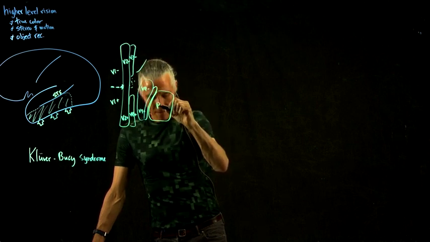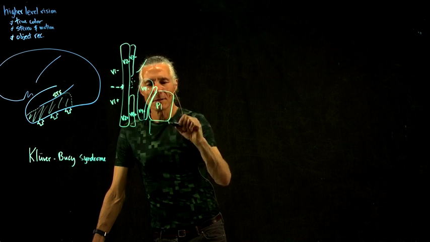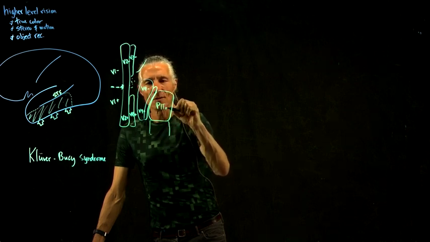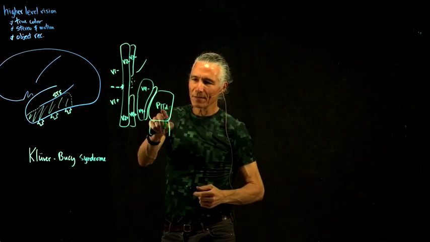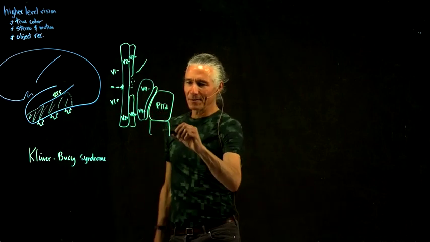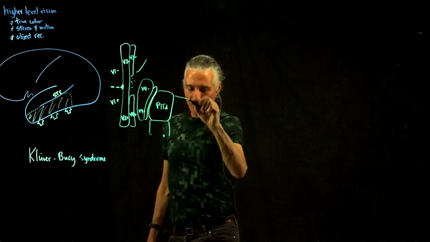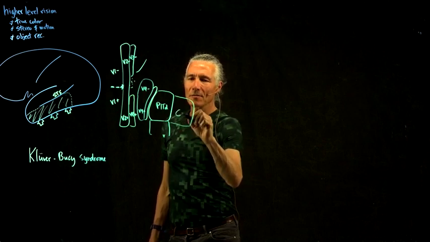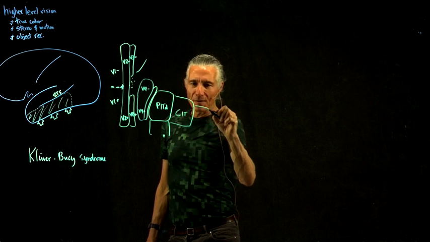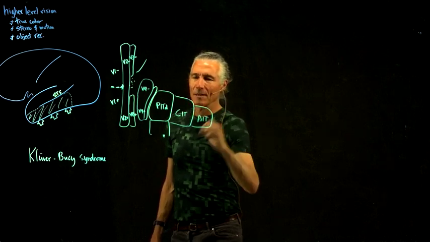There's actually another one down here, but we'll just say PIT dorsal. So that's posterior infratemporal cortex, dorsal part, because there's a ventral part down here. If you keep going forward, there's yet more infratemporal cortex, central infratemporal cortex, and even further forward, anterior infratemporal cortex.